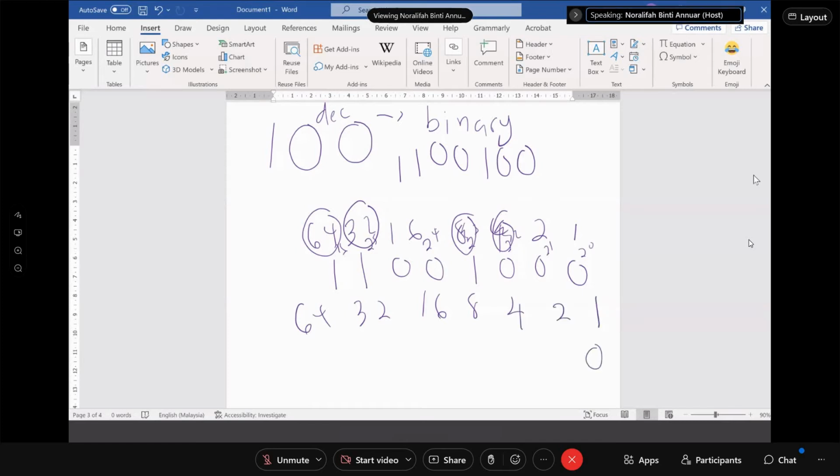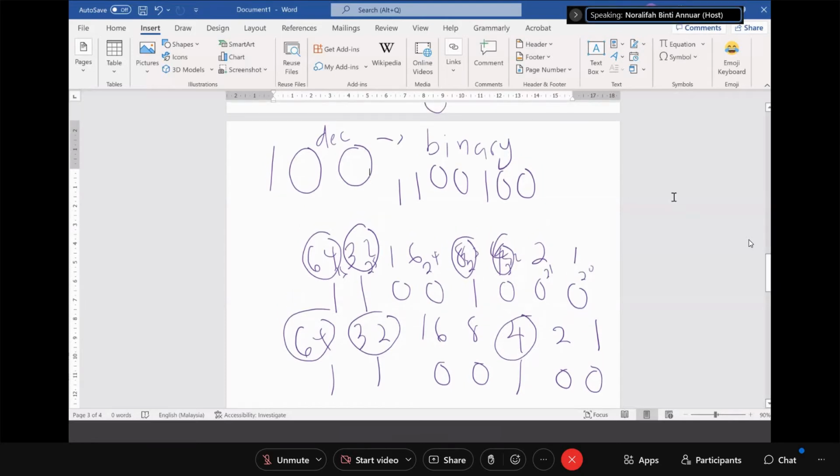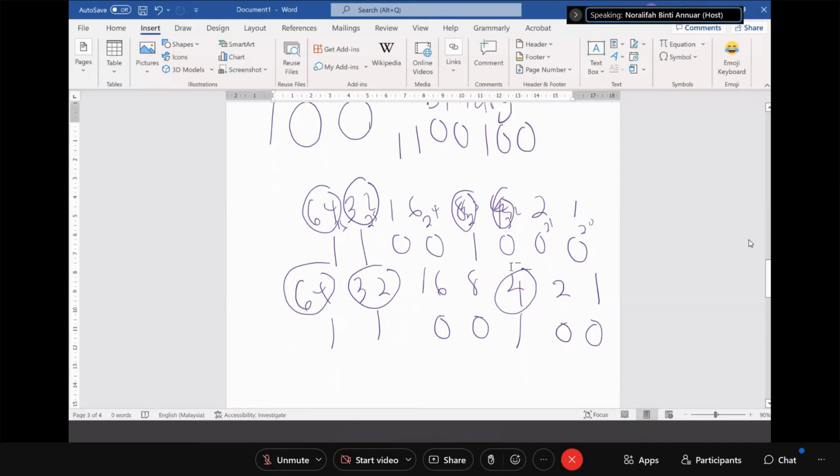Okay, the answer is 1, 1, 0, 0, 1, 0, 0. So, 64 plus 32 plus 4, then you get 100. Ataupun kalau you tak suka macam ni, you suka panjang-panjang, you bahagi je lah 100 ni dengan 2. Then you get the same answer either way.